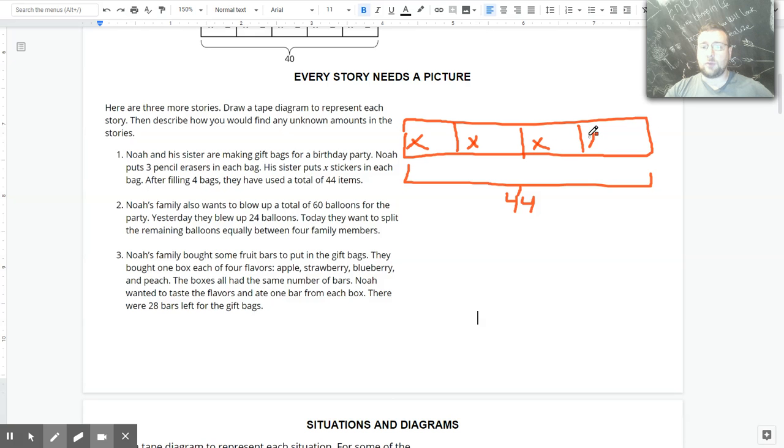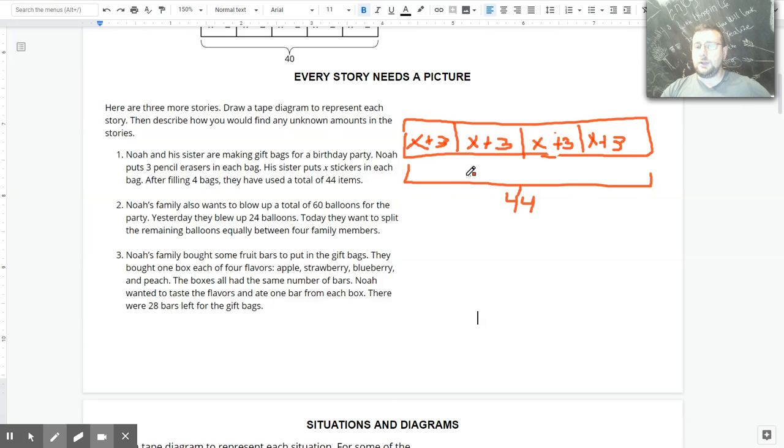So we're putting the stickers right now. And then I'm putting the pencils. He also puts 3 pencils per bag. So I'm putting that right now. Here it is. Oh, that looks like a multiplication sign. Let me try to erase that and fix it up. Okay, and then now we know that this could represent the problem.